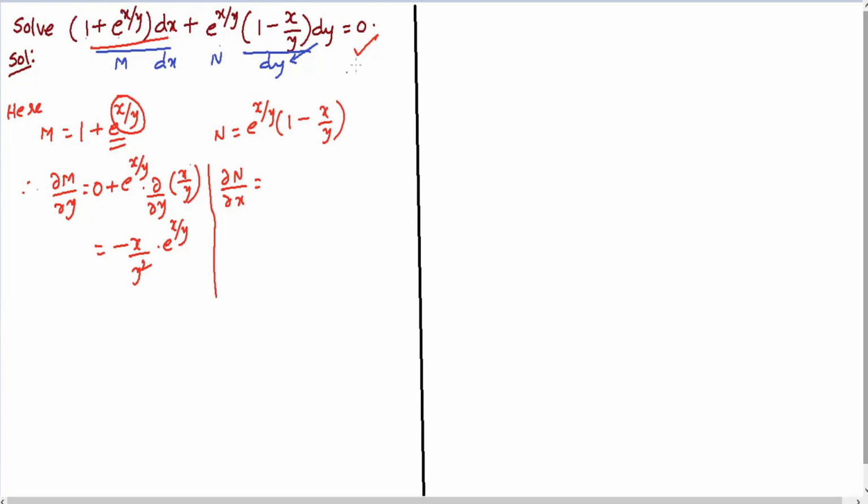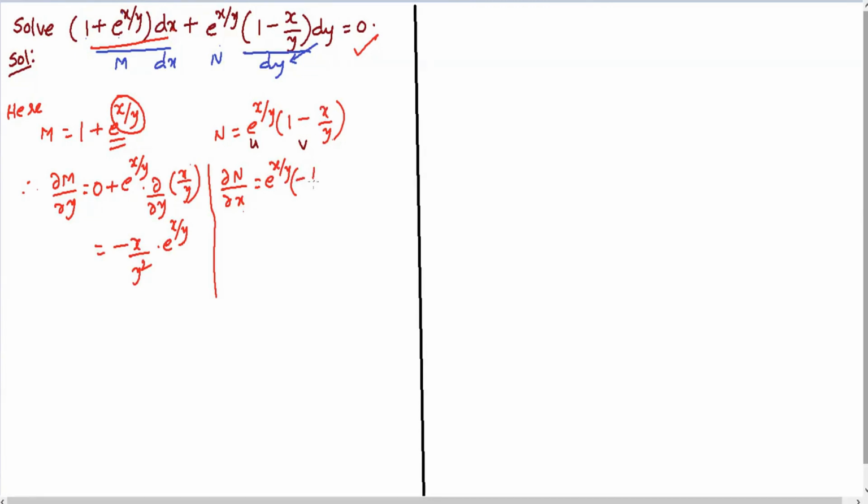Now look at this one, ∂N/∂x. Here we should apply the UV rule. This is u and this is v. According to that rule, first write the derivative for v. e^(x/y) into the differentiation of 1, which is 0, and the partial derivative of x/y with respect to x is 1/y because only x is the variable. So the derivative of x is only 1.